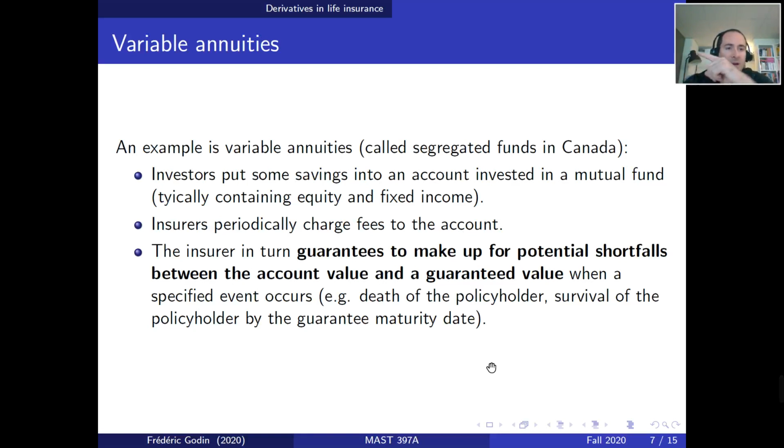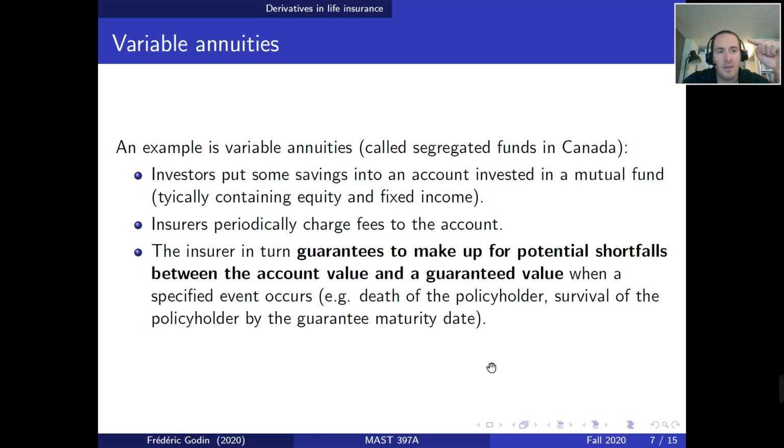So the account is invested in the mutual fund. The mutual fund moves, and every year, or every month or whatever, you have fees charged to the account, but it evolves randomly.